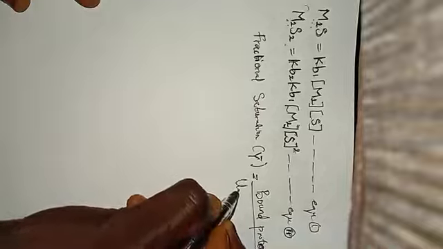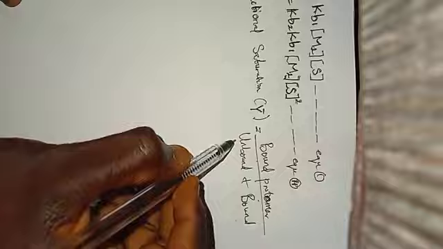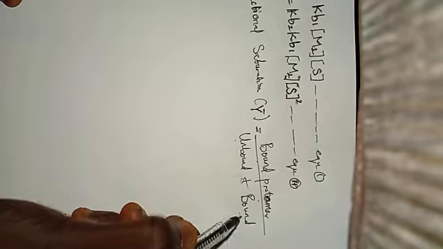Fractional saturation Y bar is equal to bound protomer all over unbound plus bound protomer. Do you get my point now? So this is what we call fractional saturation.